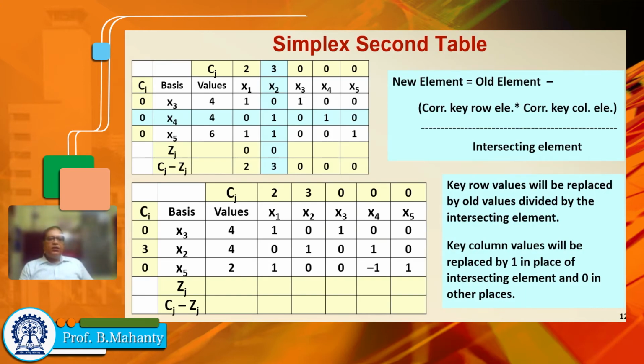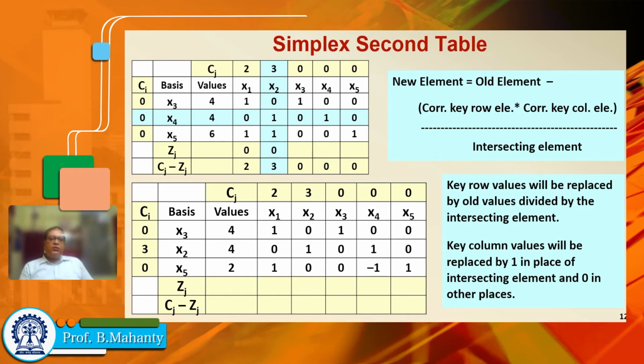So this is our key row. The key row is now replaced by dividing every element by the intersecting element, so it will become 4 0 1 0 1 0. The key column, which was x2 0 1 1, will now become 0 1 0.